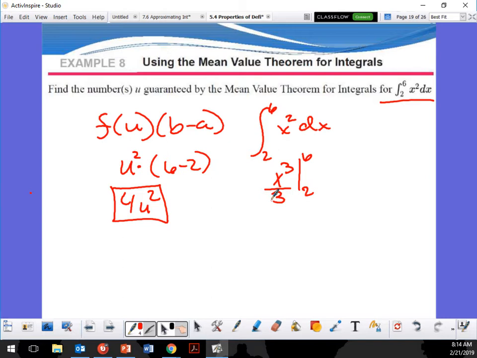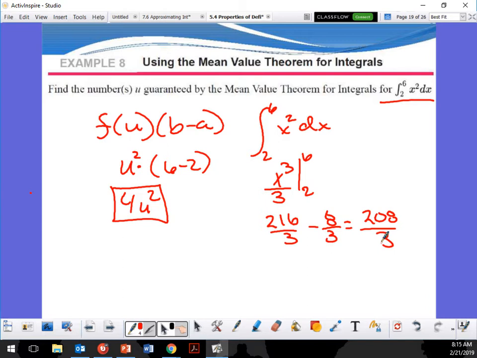And then let's go ahead and plug that in. So 6 to the third power is going to be, was it 218? 216, yeah. 216 over 3 minus 8 over 3, which gave me 208 over 3. This is the part where I messed up. Okay? This is the part where I messed up.